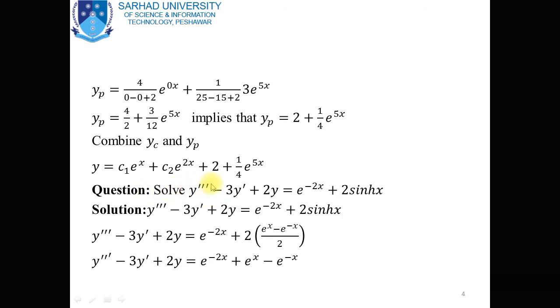Now another example to find the complementary solution and particular solution in different cases.